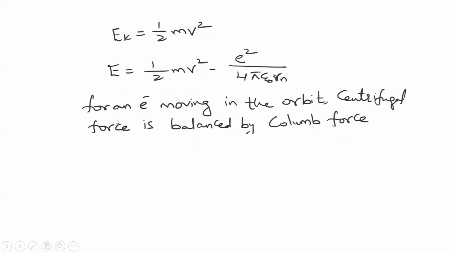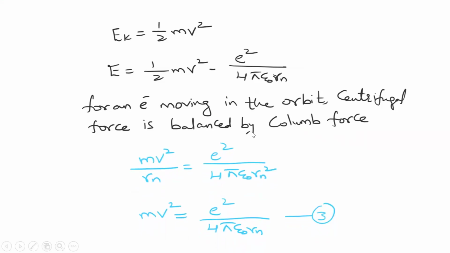Now for an electron moving in the orbit, the centrifugal force should be balanced by the Coulomb force. So mv square by Rn, that is the centripetal force experienced by the electron in the nth orbit, is equal to the Coulombic force of attraction, that is e square by 4 pi epsilon Rn square.